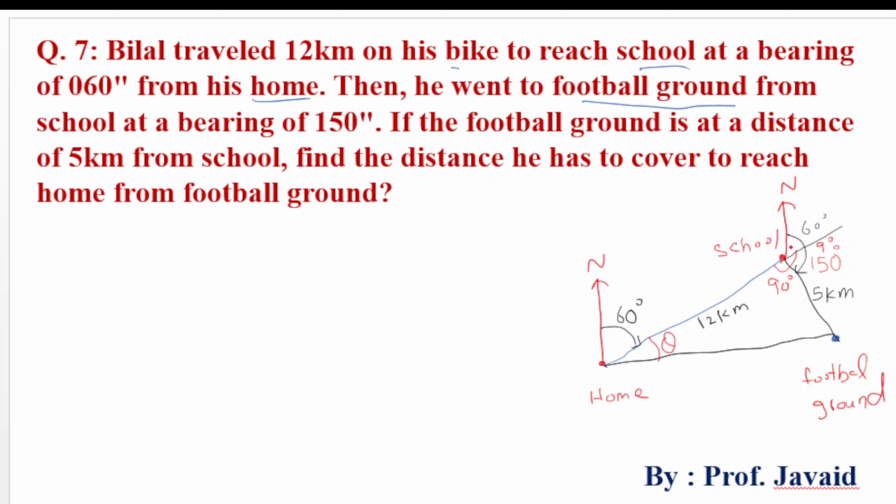If we will apply sine, cos, tan, think in your mind what is given to us, look at the question, and what we have to find first of all. The last line says to find the distance he has to cover from the football ground to home.